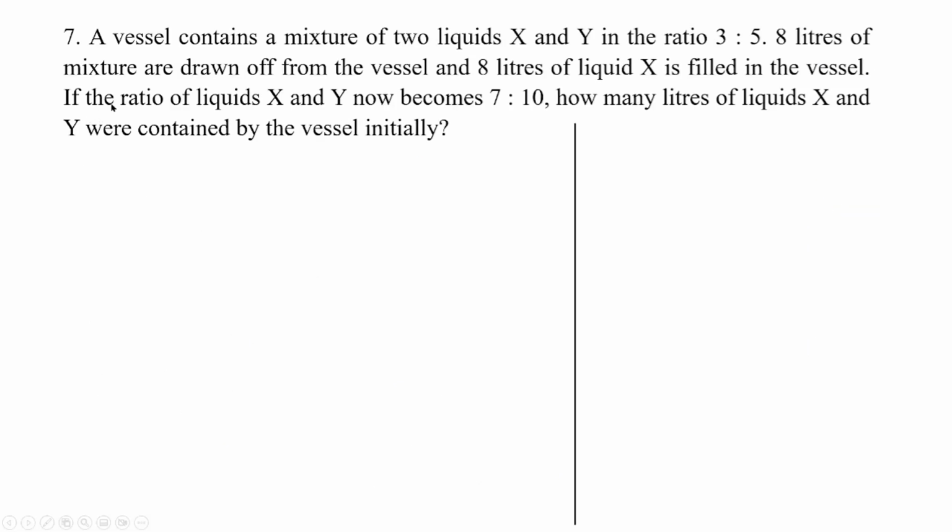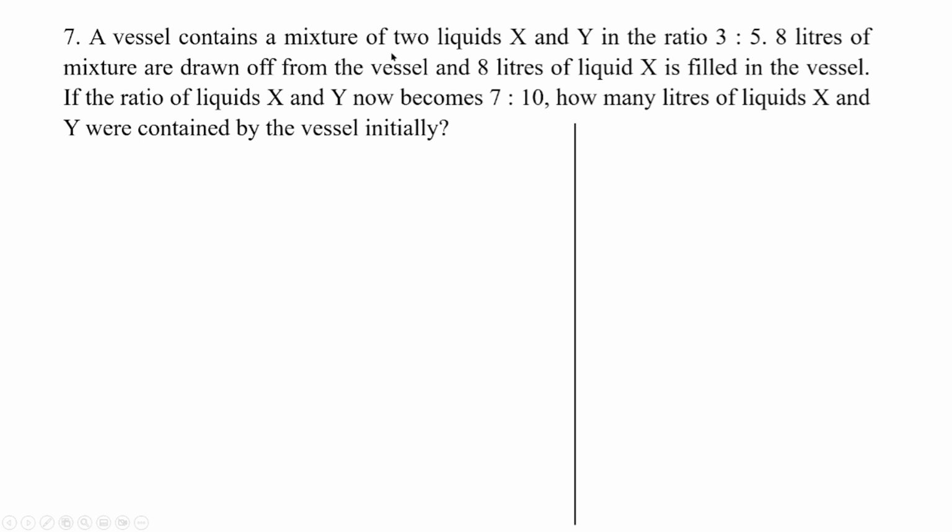Next question. A vessel contains a mixture of two liquids X and Y in the ratio 3:5. 8 liters of the mixture are drawn off from the vessel and 8 liters of X is filled in the vessel. If the ratio of liquids X and Y now becomes 7:10, how many liters of X and Y were contained by the vessel initially?